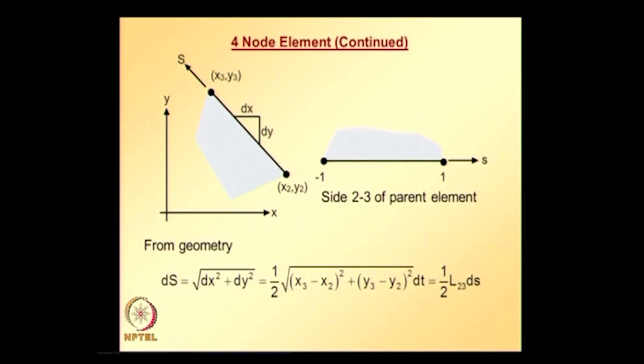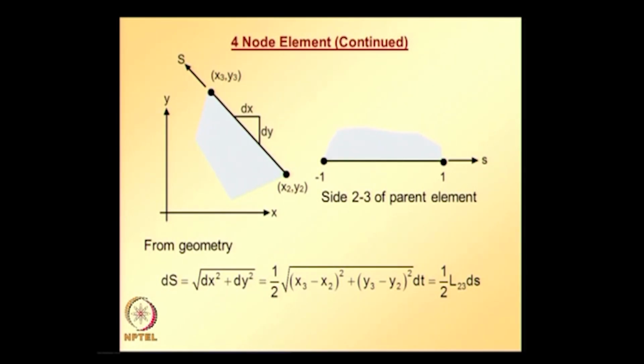the differential element in the actual element, capital dS, from the geometry you can easily see is going to be the square root of dx squared plus dy squared, and substituting dx and dy we get this. Here there is a small typographical error, it should be ds instead of dt.